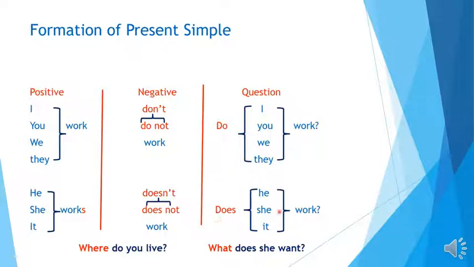Does is used with he, she, and it. Okay, and don't forget this one, S. It is there only in positive. In negative, we don't use S, and even in the question form, we don't use S. So, does he works? That's wrong. Does he work? That's correct.